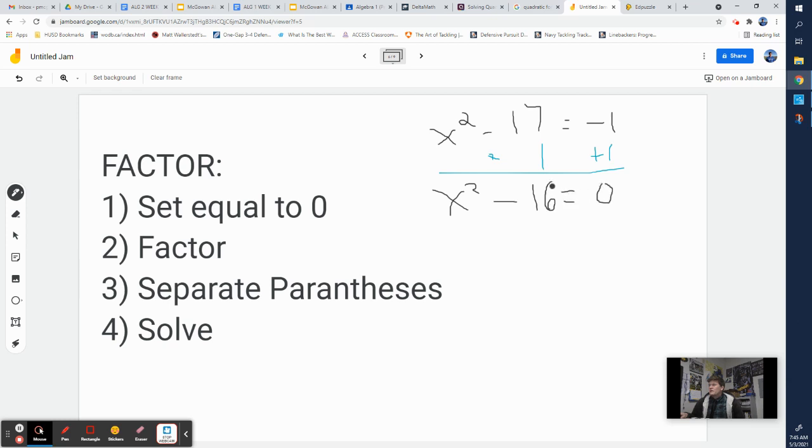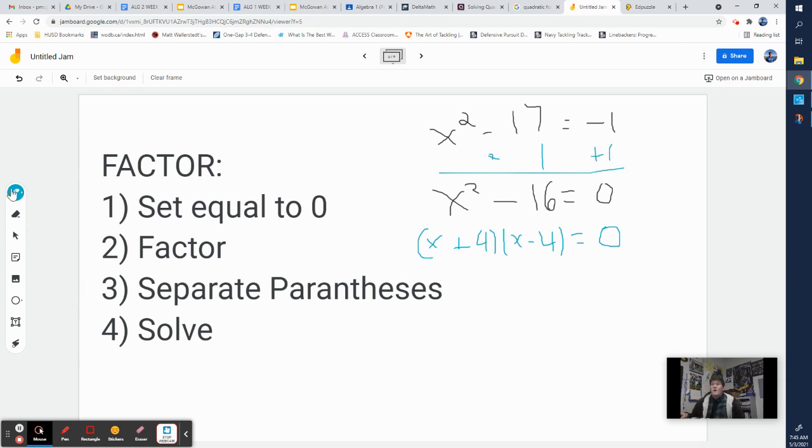Now it follows that difference of two squares pattern, so we can factor this out. I'm going to get x and x in my parentheses. And then what times itself makes 16? 4 times 4 does. One of them's plus, one of them minus.